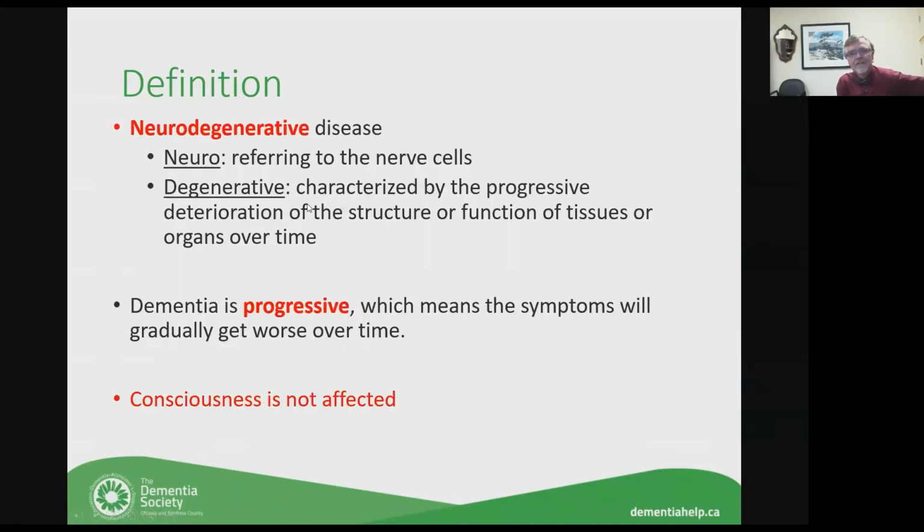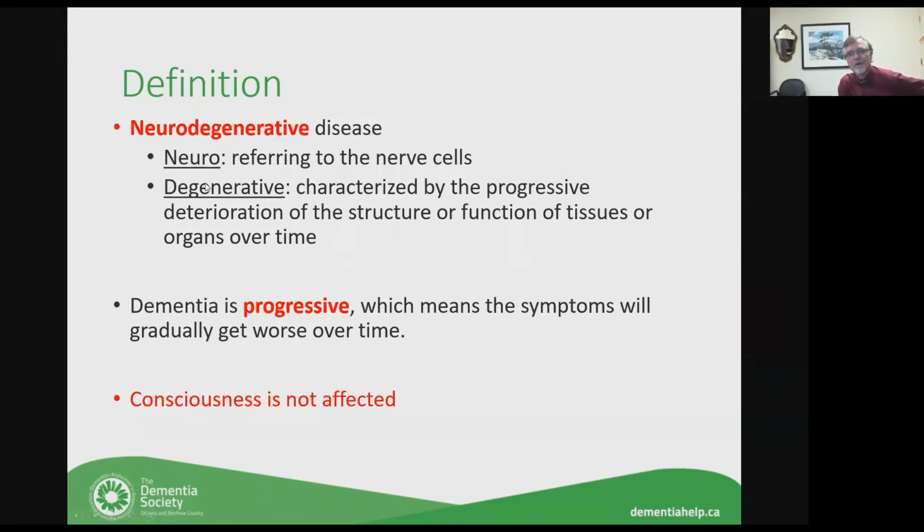Another set of definitions is neurodegenerative disease. So we want to just be clear, what does that mean? So neuro refers to the nerve cells. Degeneration is the progressive deterioration of the structure or function of tissues and organs over time.